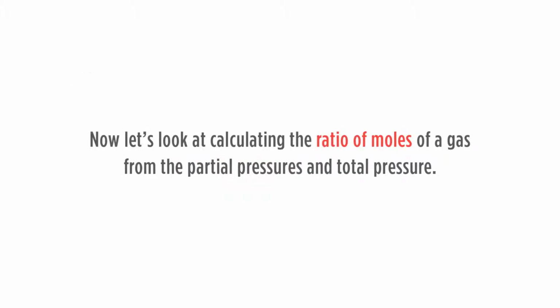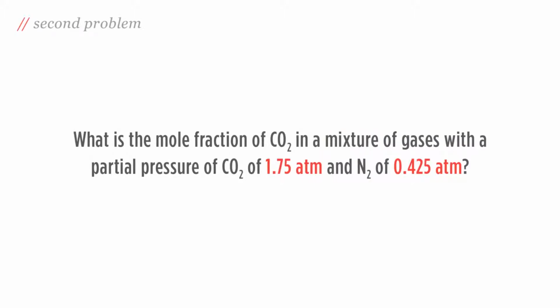Now let's look at calculating the mole fraction of a gas from the partial pressures and total pressure. For that, we're going to look at this problem. What is the mole fraction of CO2 in a mixture of gases with a partial pressure of CO2 of 1.75 atmospheres and of nitrogen of 0.425 atmospheres?